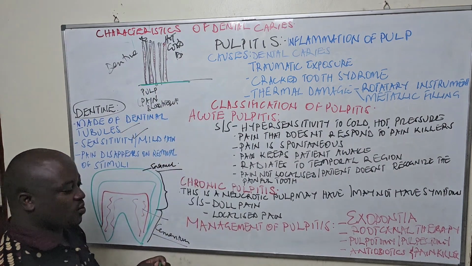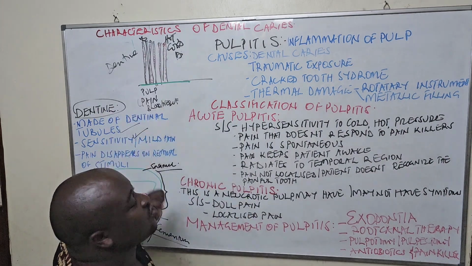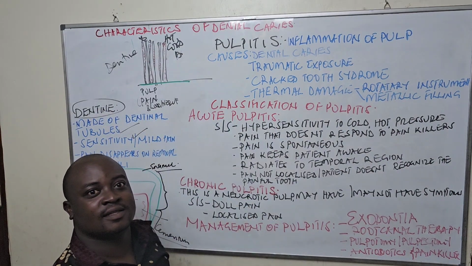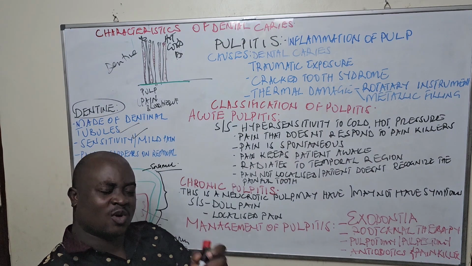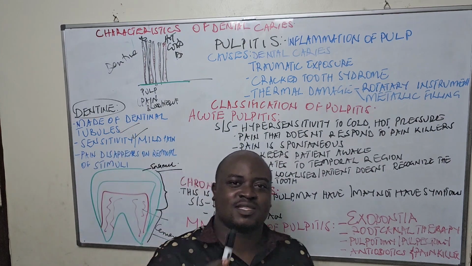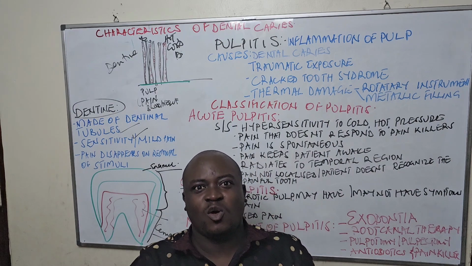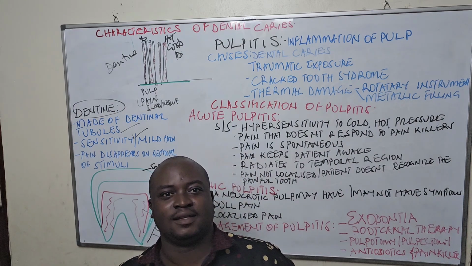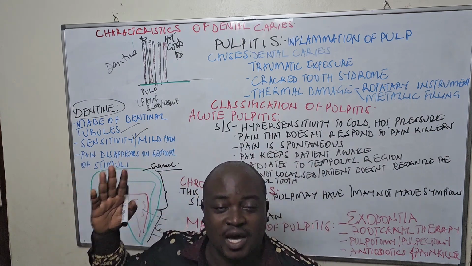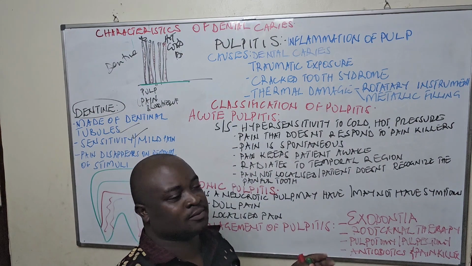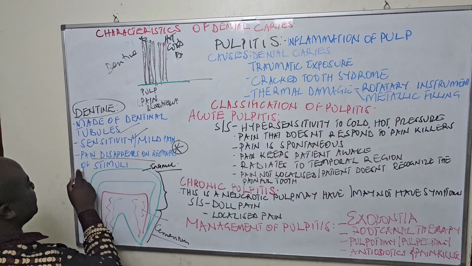Anything. That is why we say, on removal of a stimulus, these ones will not transport anything. And therefore, there is no what? There is no pain. So notice that there is pain or hypersensitivity when there is a stimulus. But on removal of a stimulus, we do not have sensitivity. This one is examinable.